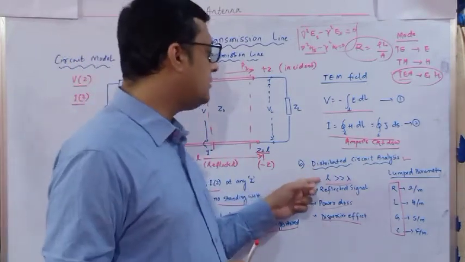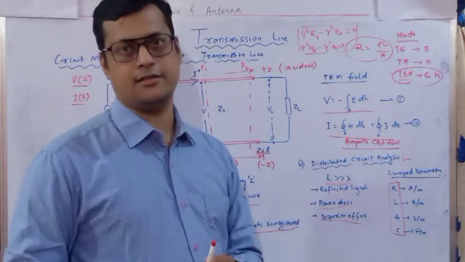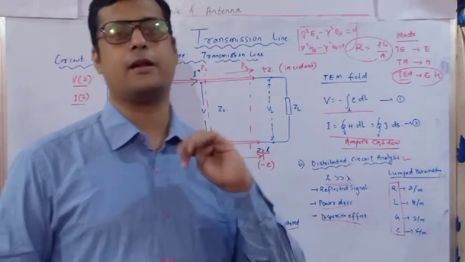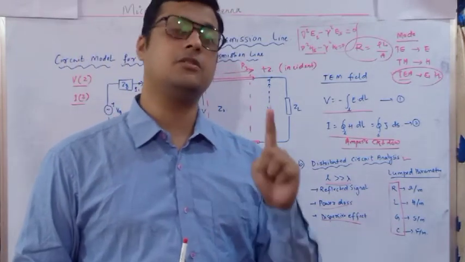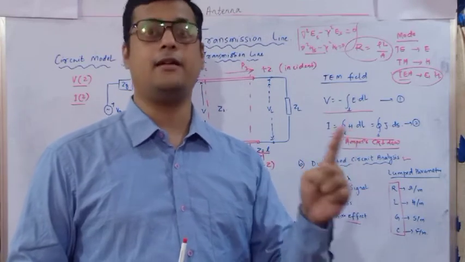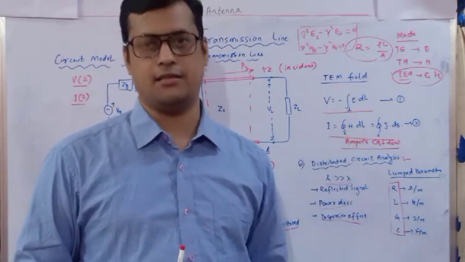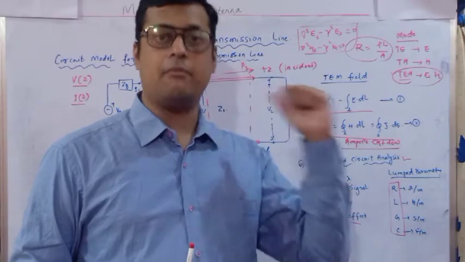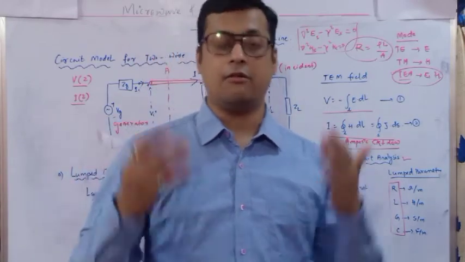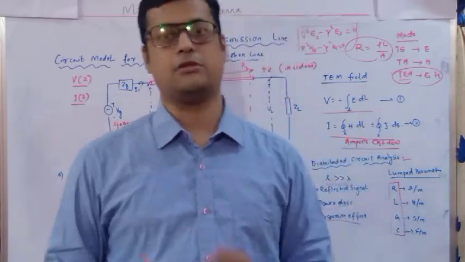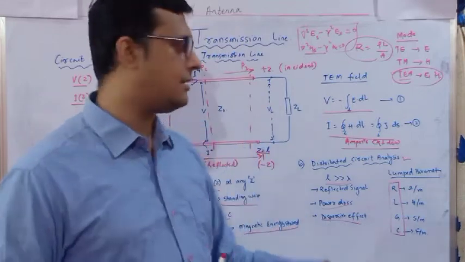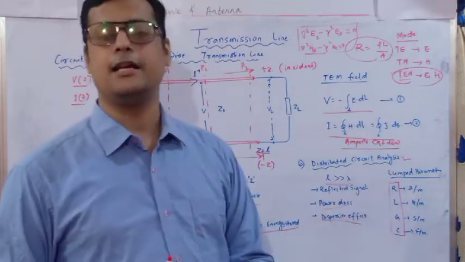So we use this distributed circuit analysis, because all four parameters are available, and it is used for communication purposes in high frequency mode. Since we are using it for microwave transmission, the frequency is very high, so the wavelength is very small, and the length is very much greater than lambda.